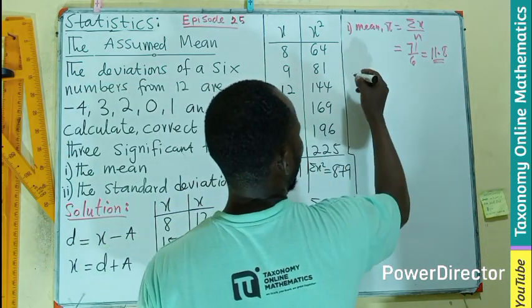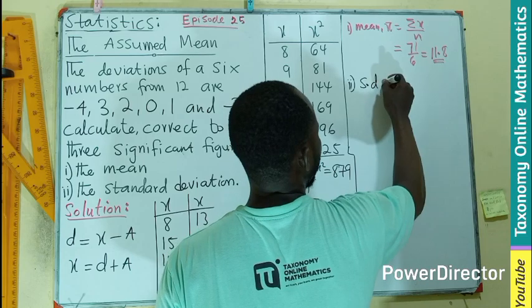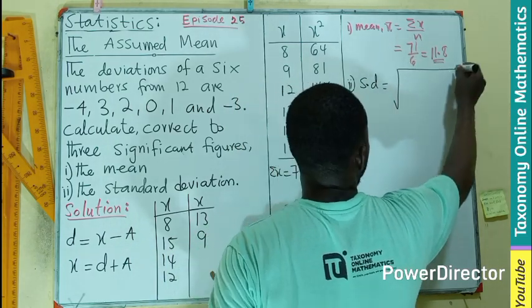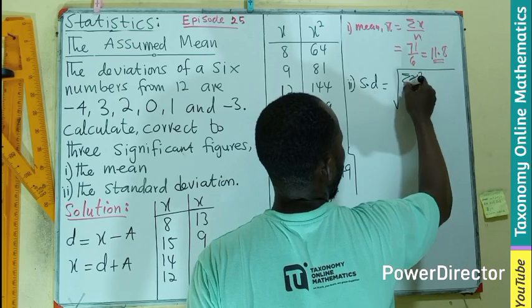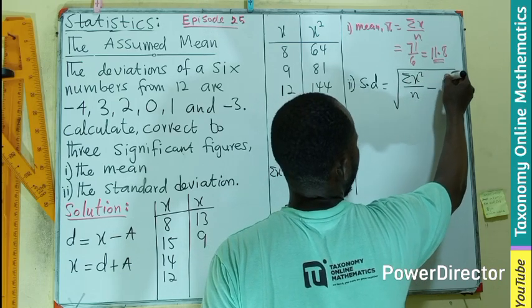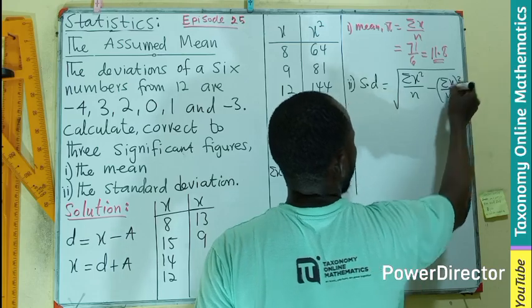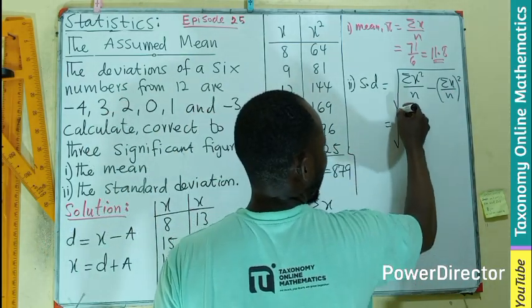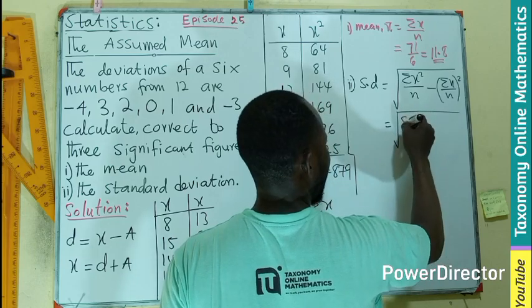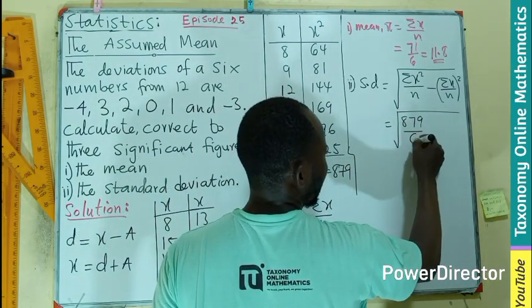Then for the second one, your standard deviation is the square root of what we are having here, sigma X squared over N minus sigma X over N, all squared. So we go for the square root of 879 divided by N, which is 6.